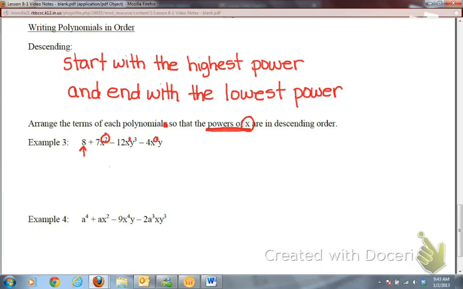Now, you have to pay attention to what sign is in front of each term. So we're starting with the term that was at the end, and there's this minus sign in front of it. So that means we need to start with a negative. So you start with negative 4 x to the third y. You just write it down because it had the highest power of x. So that one's done. You might cross it out because you know it's done. The next highest power of x is the 7x squared, and it was positive.